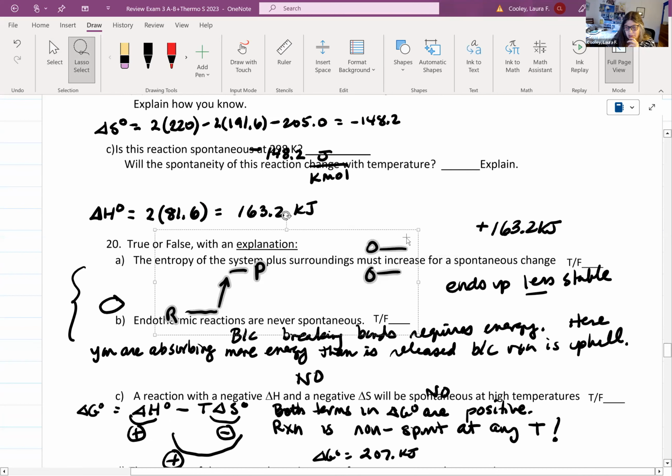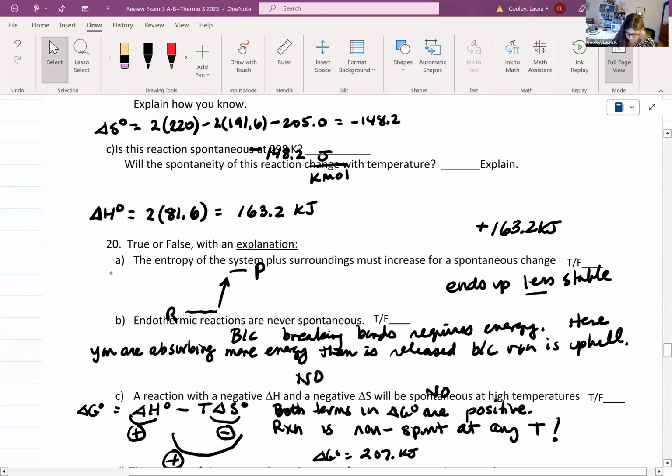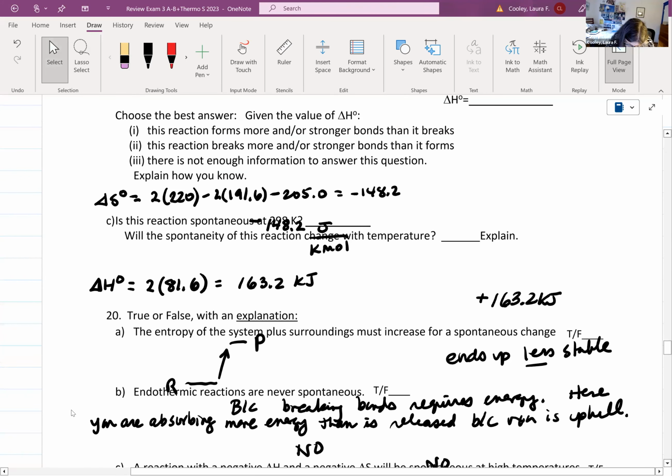I don't know what this was. All right, what's next? I think this actually is way further up.